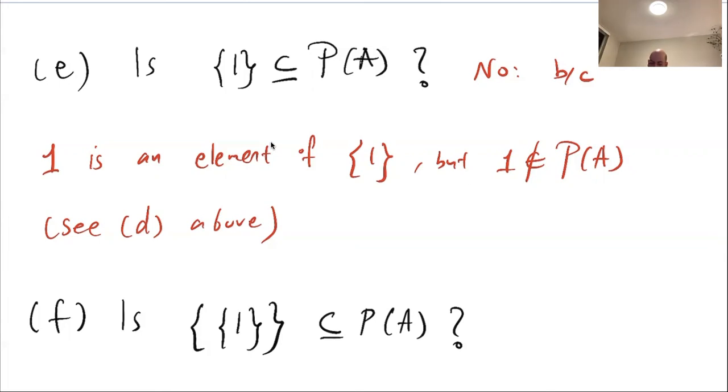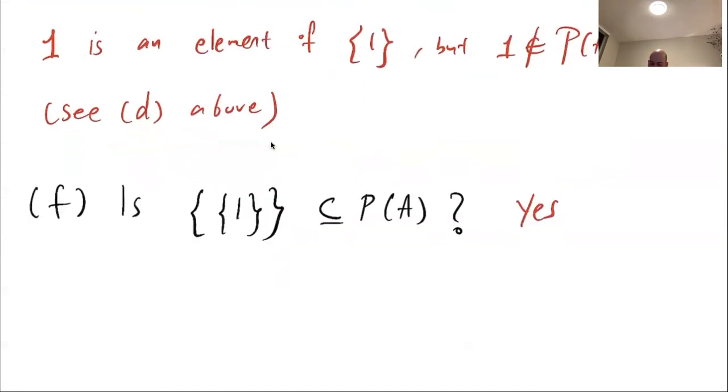Why? Again, we have to think about how we show that a set is a subset of another set. We have to show that every element inside the first set is also in the right set. Now the left set has only, again, one element. What is the one element?